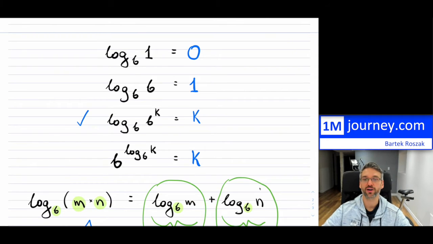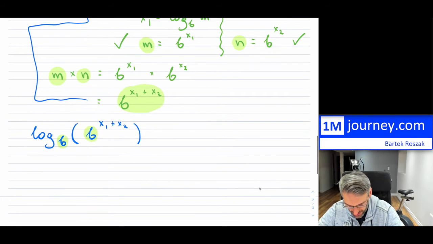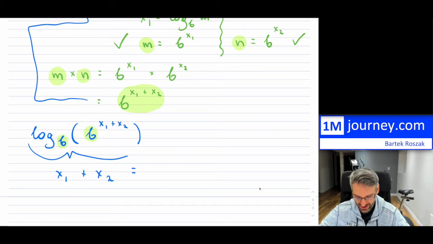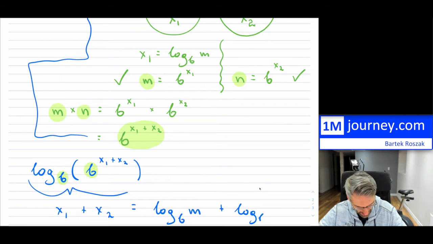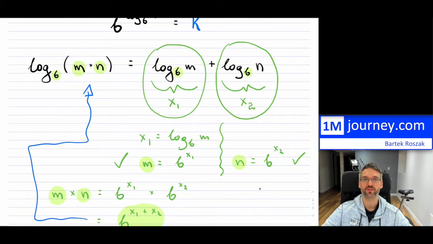So you have log of some base b, inside b to the k is just equal to k, just the exponent. Well, my exponent in this case, so all of this, is going to be just equal to x1 plus x2. But this is exactly how I defined it, so notice you get log base b of m plus log base b of n, which is exactly our statement there.